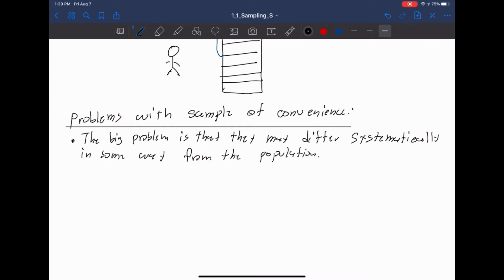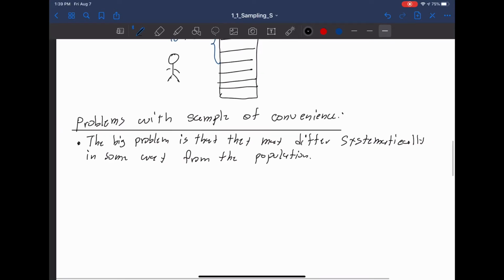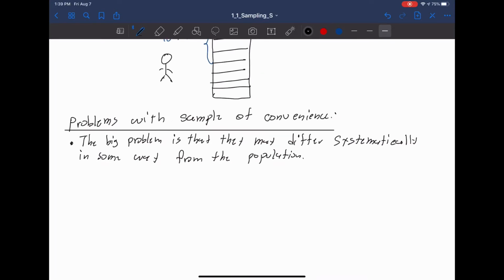And remember, the whole goal about sampling is that we want our sample to represent the population as closely as possible. With sample convenience, that could be really hard. So some caution is that we should not use this except when there is no other option.